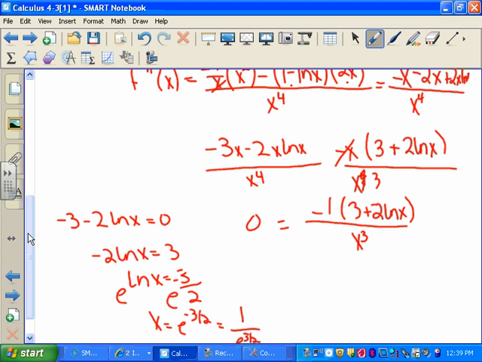I'm going to enter my first derivative, which was 1 minus the natural log of x on top, divided by x squared on bottom, and you can do this on your calculator. I want to see what that looks like. Oh no, that appears right.